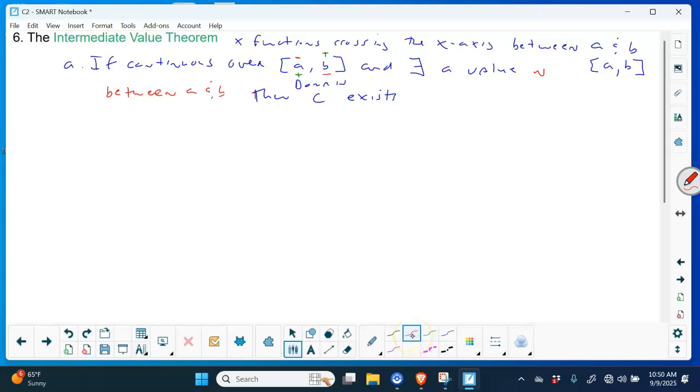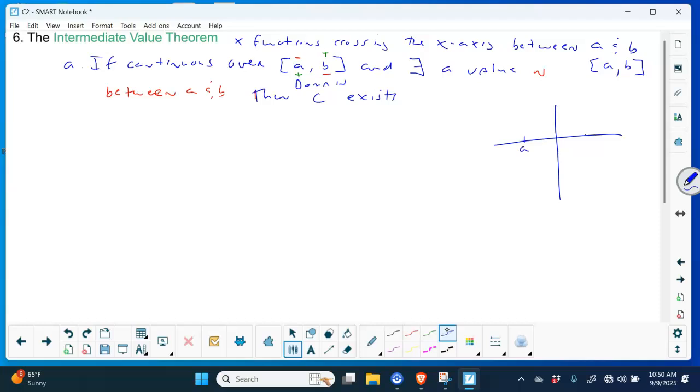All this is a complicated way of saying we're crossing the x-axis. Sometimes we can take things and make them complex. Let me show you.